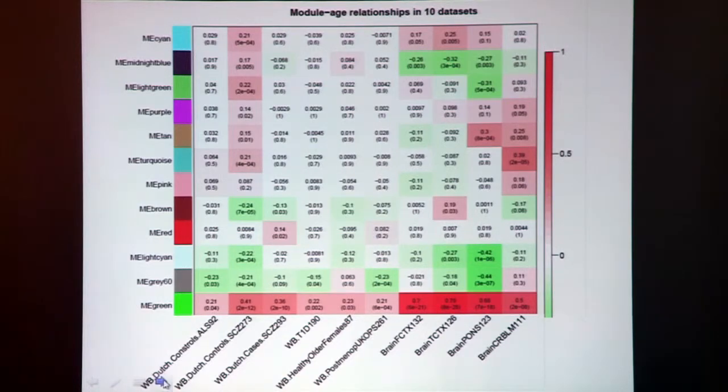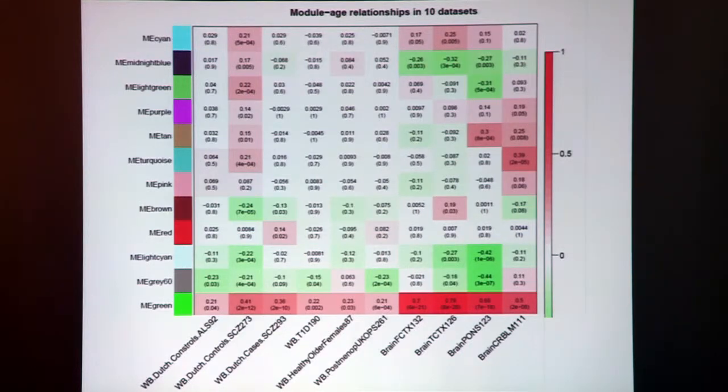WB Dutch controls is actually the age variable in that data set, so the columns correspond to age. I gather that age in this particular data set was highly correlated with the green module, 0.4, but it also correlated with some of the other modules to a lesser extent. I mean, 0.2, it's not a very strong correlation.